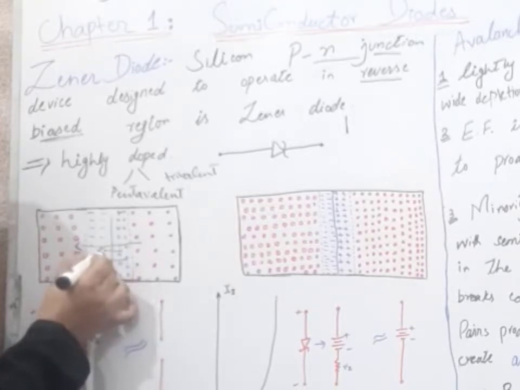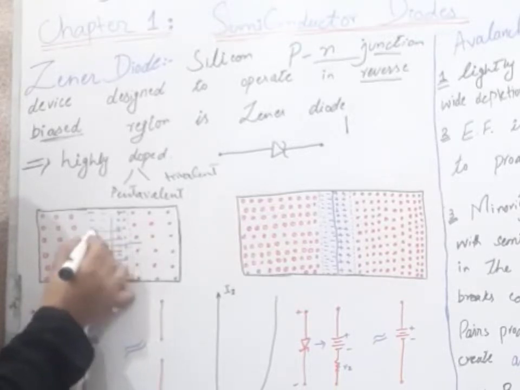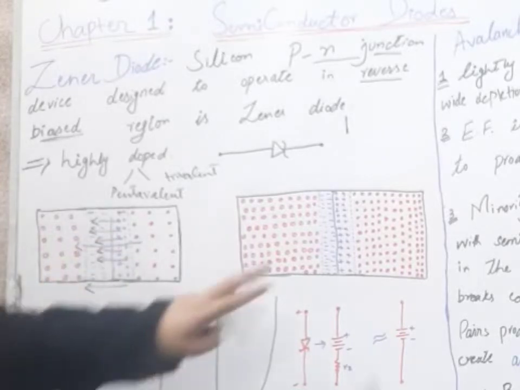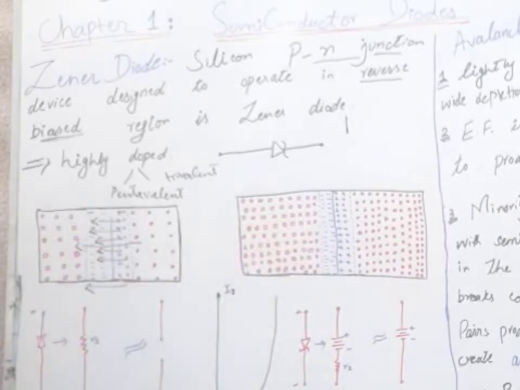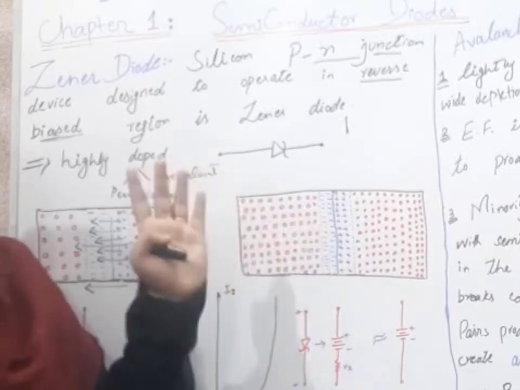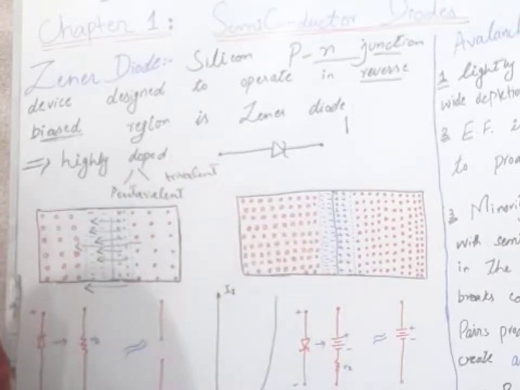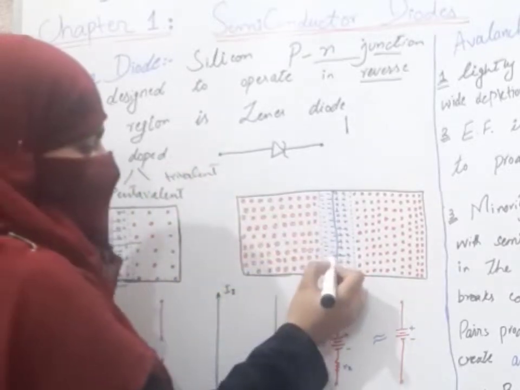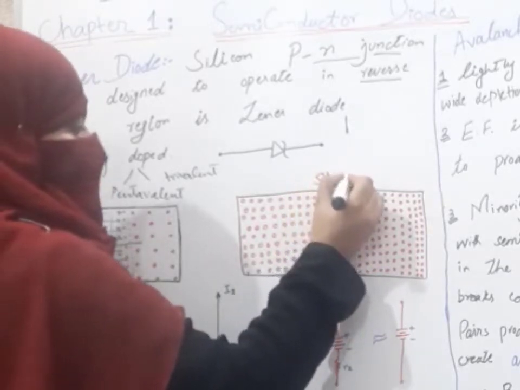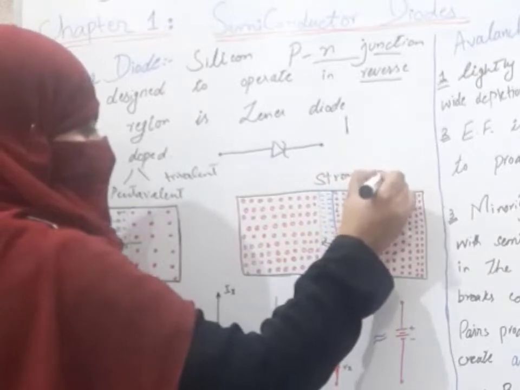In this case we will have fewer positive and negative signs, and in this case we will have more positive and negative signs. So here the electric field will be strong, and here a weak electric field.